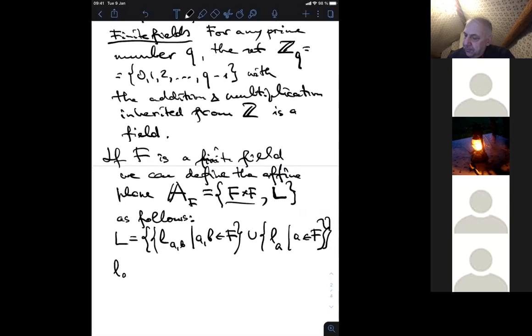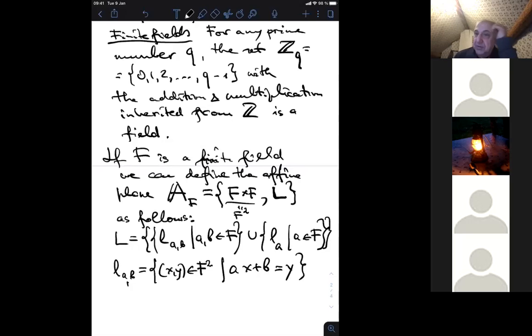Okay, what is L_{A,B}? We're fixing two numbers in our finite field, and we're looking at the set of solutions in F squared, which is just a Cartesian product, such that ax plus b equals y. So it's just the set of all lines which have a non-vanishing slope, which are not vertical in the usual sense.